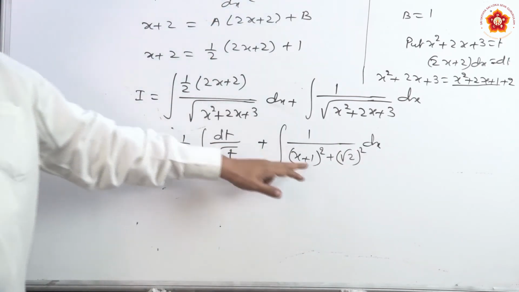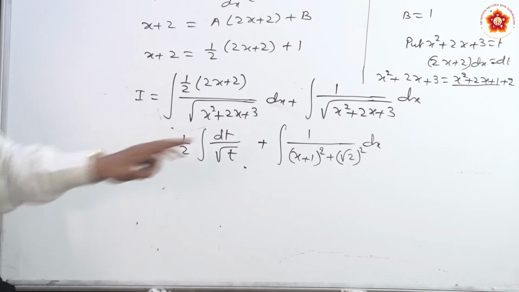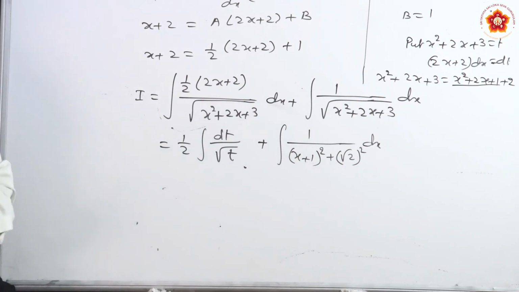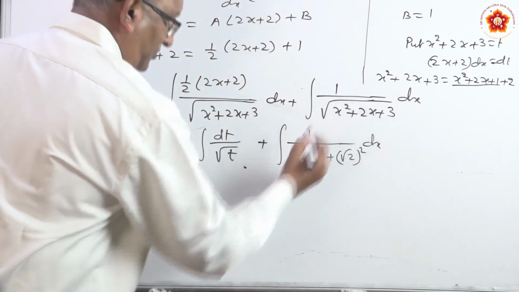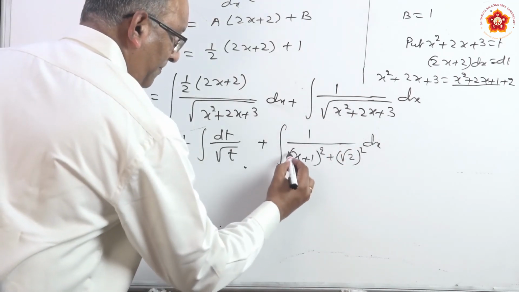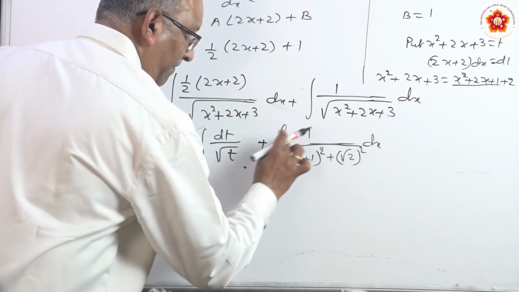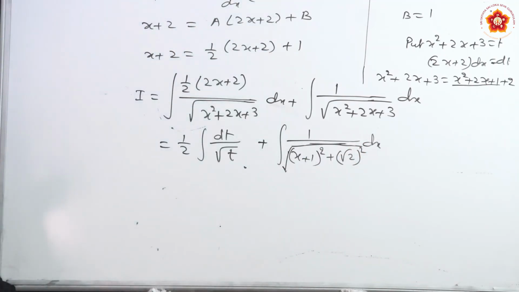Because we know the formula. Which formula are we going to use? The integration of 1 upon a square plus x square. But remember, this whole thing is in a square root. Don't miss that, because if you don't put the square root, the formula will change.